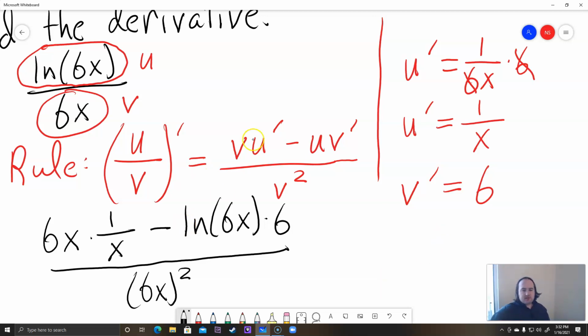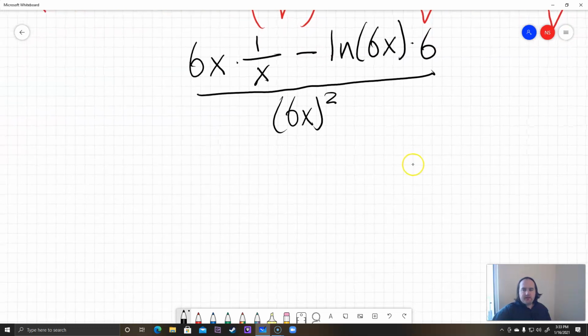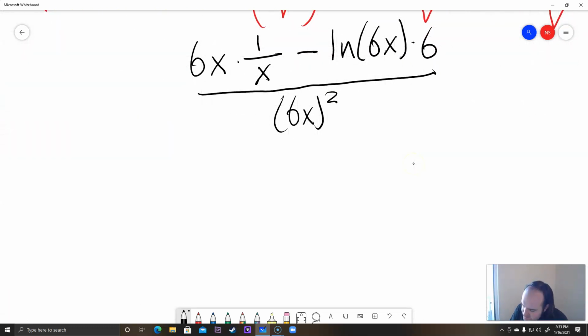Once again, I'm just looking at this formula and plugging everything in. Since I have it all labeled, it's not so bad. So v is 6x, u prime was 1 over x, minus u was ln of 6x times v prime, which was 6, all over 6x quantity squared. So we're good. That's our derivative, and we have to simplify it. This right here is dy dx.